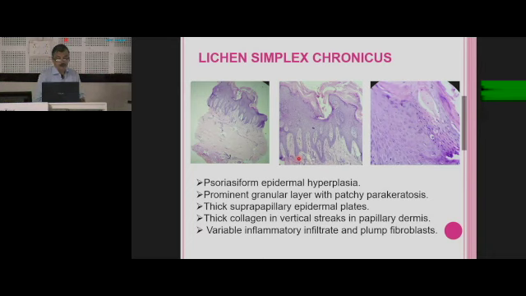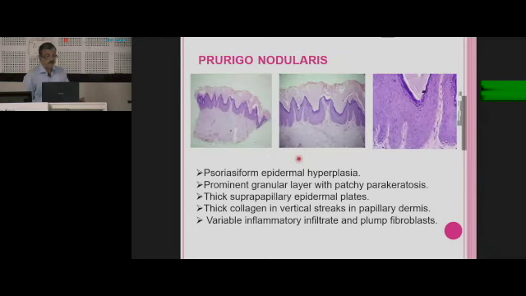Variable inflammatory infiltrate and plump fibroblasts are seen in this particular condition. The prurigo nodularis, again the psoriasiform epidermal hyperplasia, prominent granular layer with patchy parakeratosis, thick suprapapillary epidermal plate, thick collagen in vertical streak in the papillary dermis, and variable inflammatory infiltrate and plump fibroblasts can be seen.